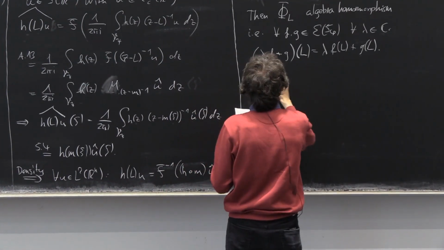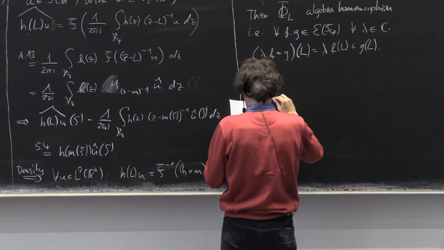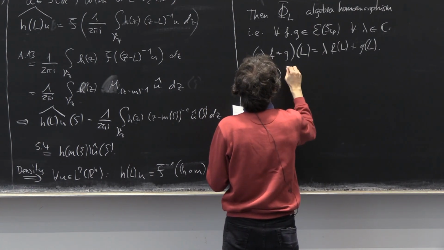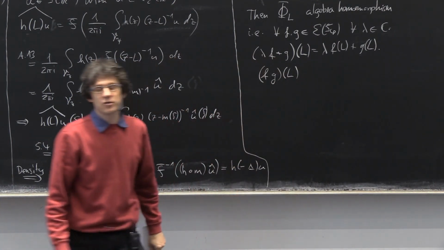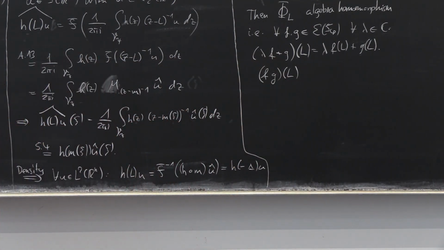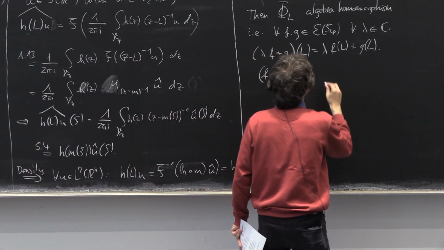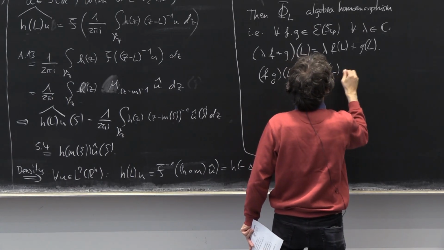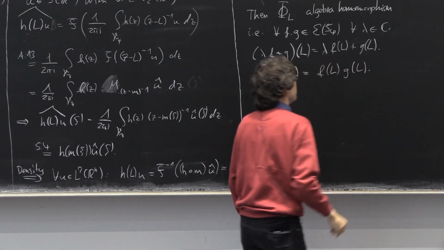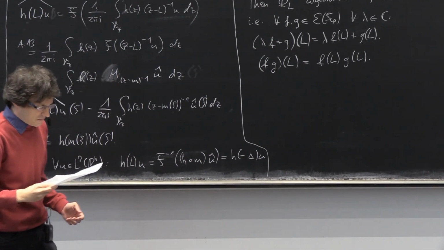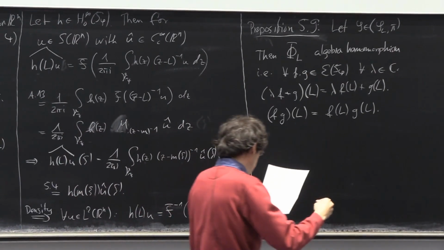And you have multiplicativity. So if you multiply two functions in the Dunford-Riesz class, note we showed this is again in the Dunford-Riesz class, so you can plug in L, and the result is the same operator as if you first plug L into f and g and multiply them or concatenate them in the algebra of bounded operators.